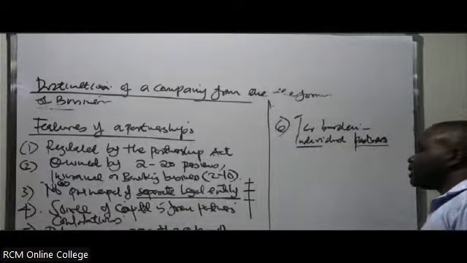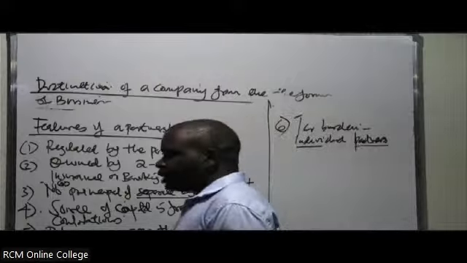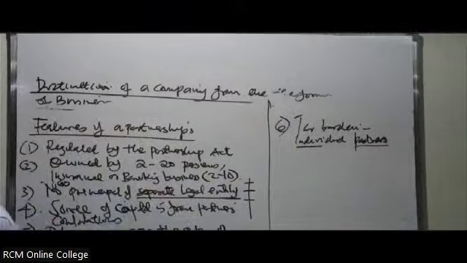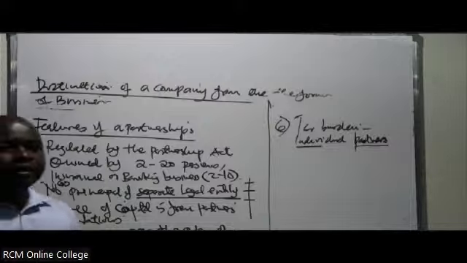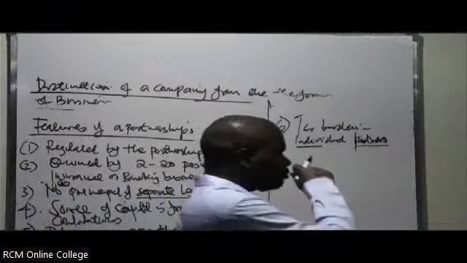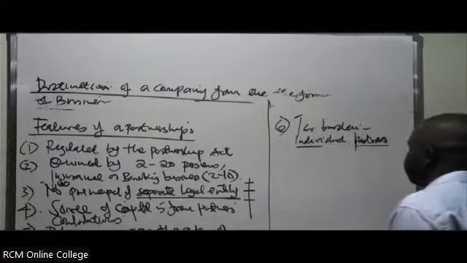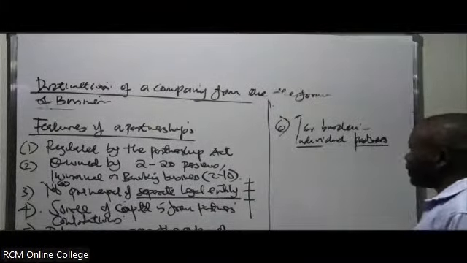Once you've calculated the profit of the partnership, you normally do something we call appropriation. After you appropriate it, you do what we call profit share. After profit share, you tax the individual partners.